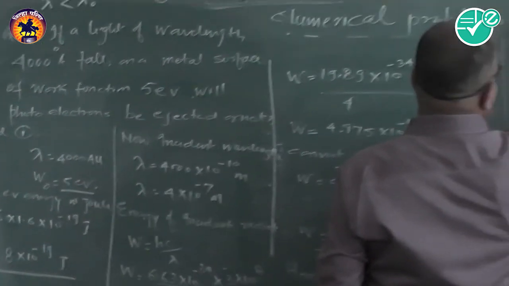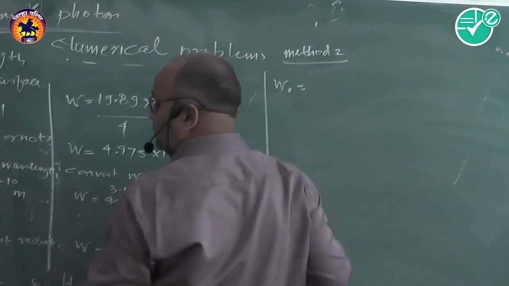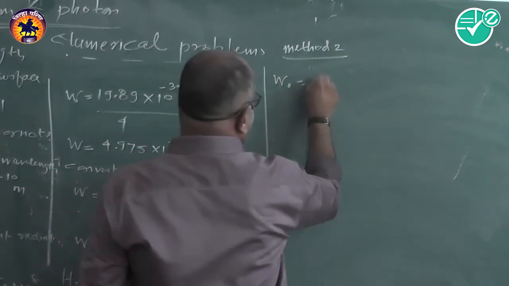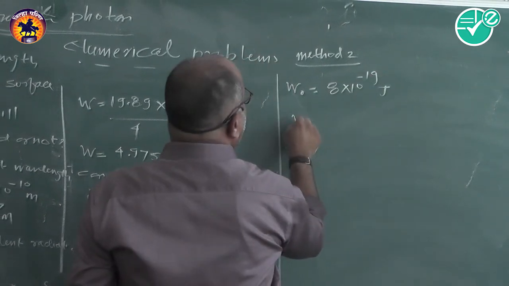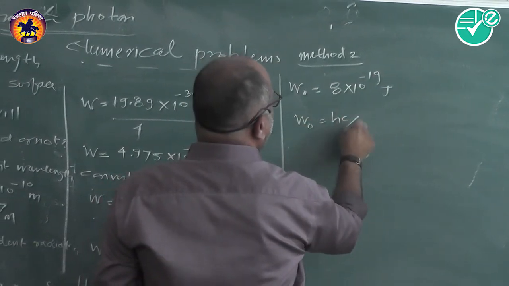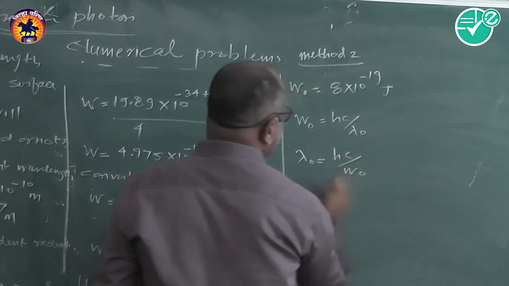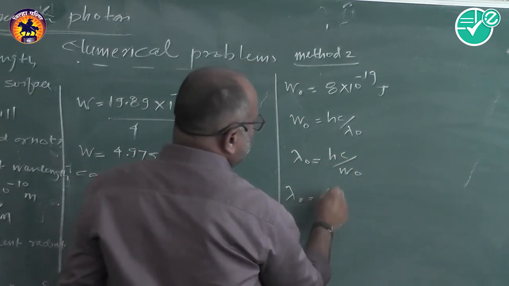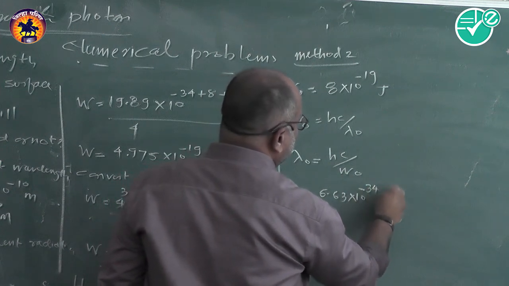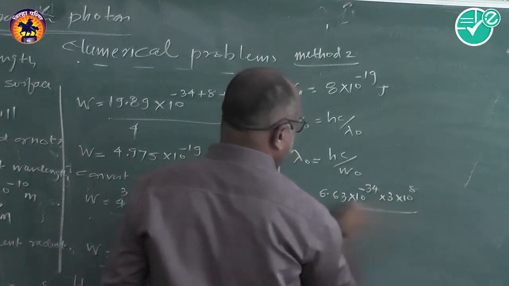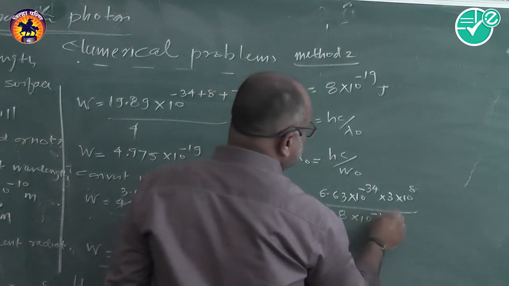Method 2. What is the value of W0? W0 is 8 into 10 raised to minus 19 joule. So W0 is equal to hc upon lambda 0. So lambda 0 is equal to hc upon W0. So lambda 0 is equal to 6.63 into 10 raised to minus 34 into 3 into 10 raised to 8 upon 8 into 10 raised to minus 19.